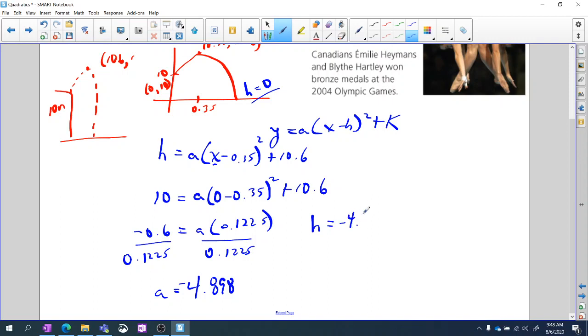So the height is negative 4.898 multiplied by (x minus 0.35) squared plus 10.6. Now, the question is, when does the diver hit the water? That would mean figure out when their height is 0.